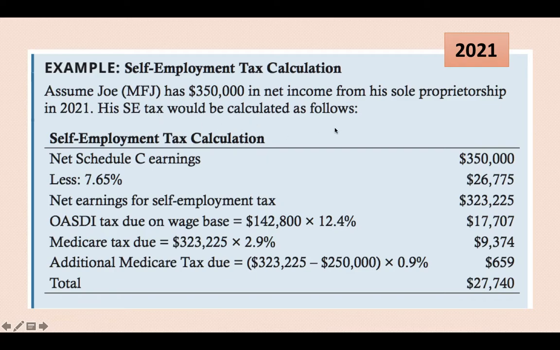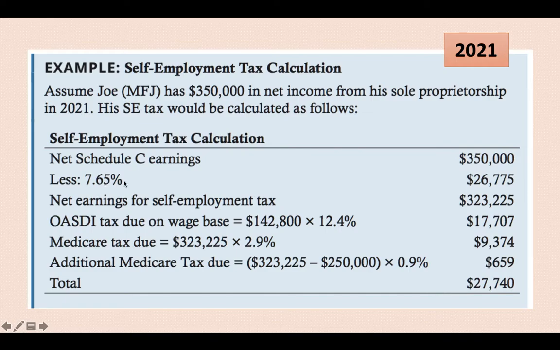So then here is how you calculate the self-employment tax, which is the Social Security and the Medicare tax. You can see the process is, first of all, you find the net income on your Schedule C. This income will be reduced by 7.65%.